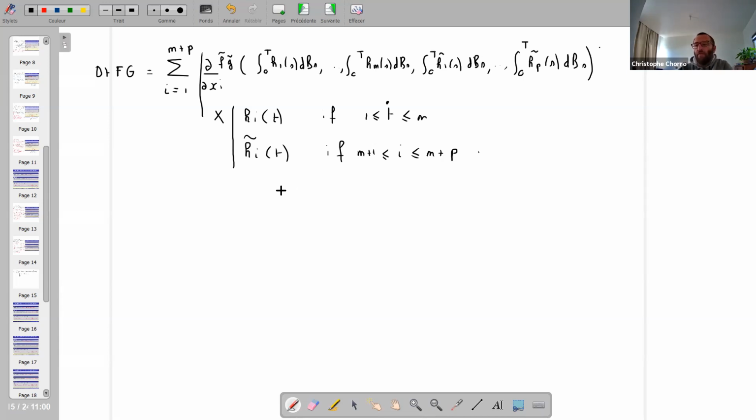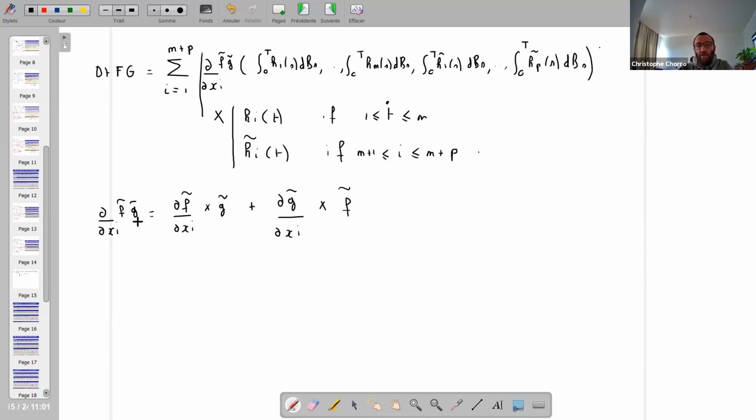I have a regular mapping of the Wiener integral. What is the definition of the derivative? The sum of the partial derivatives multiplied by what I have inside the Wiener integral. But from classical analysis, I know that the partial derivative of a product fulfills the following formula: the derivative of f tilde over dxi multiplied by j tilde, plus the derivative of j tilde over dxi multiplied by f tilde.